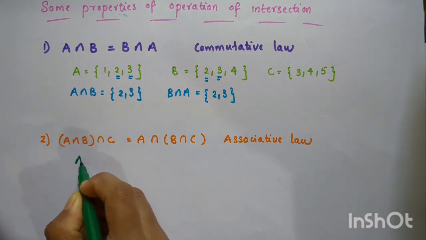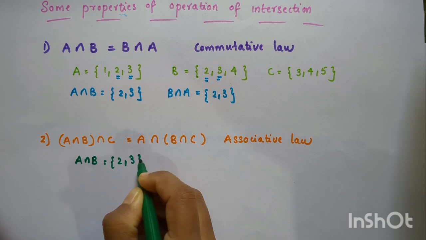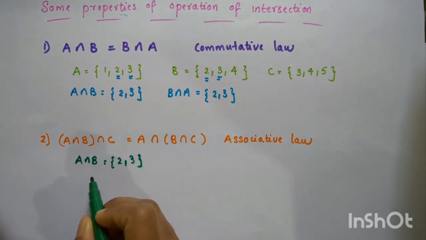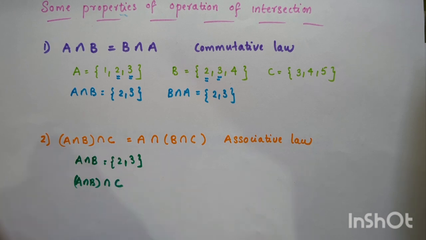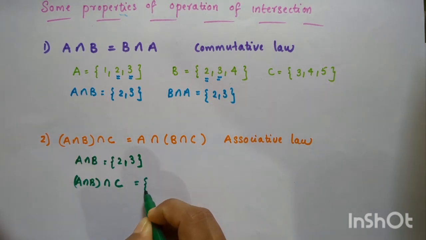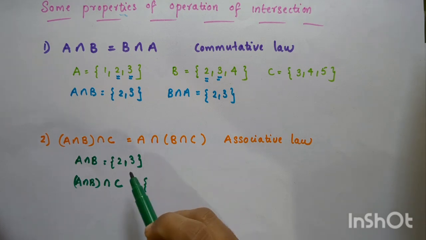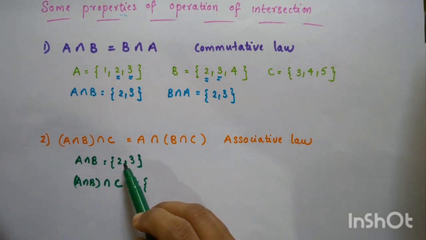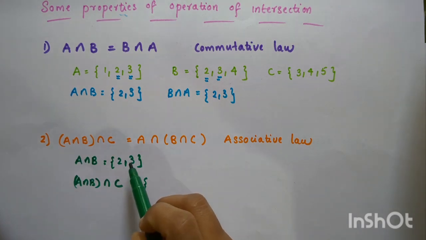A intersection B is equal to what? 2, 3. Now, what about A intersection B intersection C? Here we will get a new set which has elements belonging to both the A intersection B set and the C set. In A intersection B we have 2, 3.